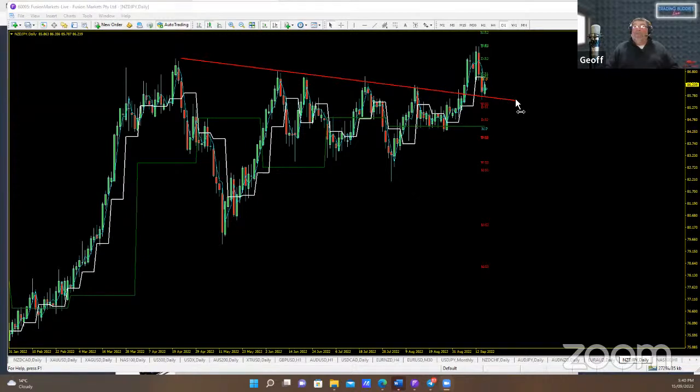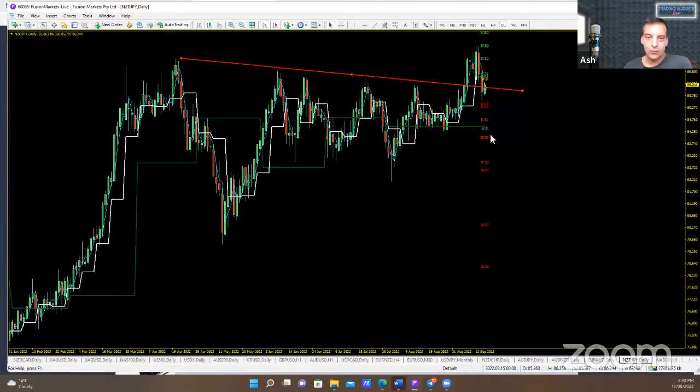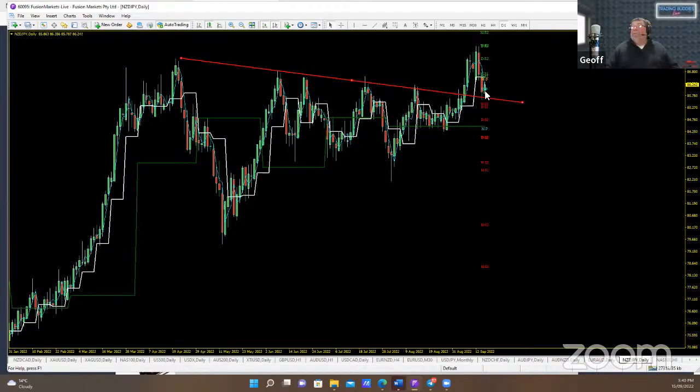Or I can move my trade line just a teensy little bit, and if that candle holds as is, tomorrow it's a sell. And that's kind of where we are, right? I'm getting this signal off this trade line, buy, and I'm getting this signal off this trade line, sell. And it's really, really interesting.